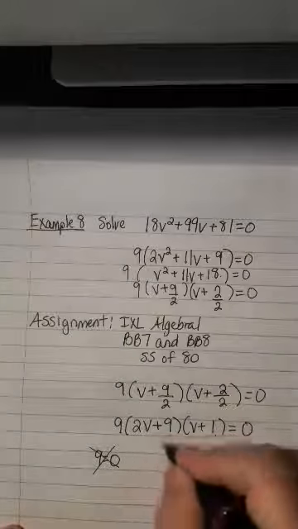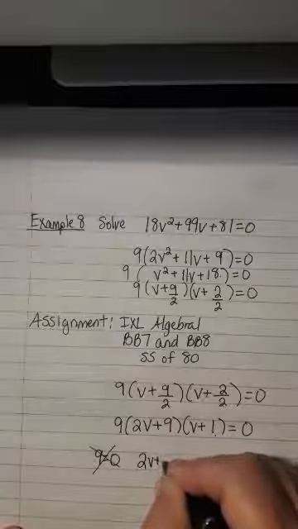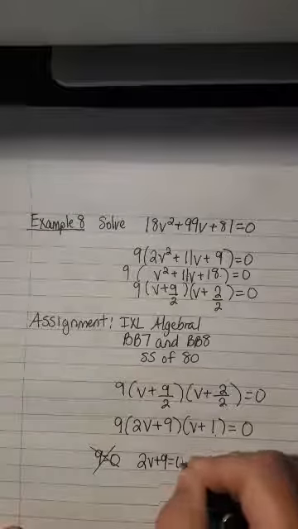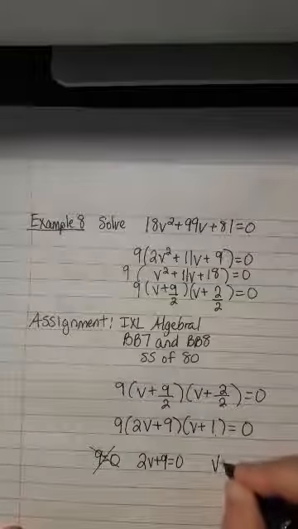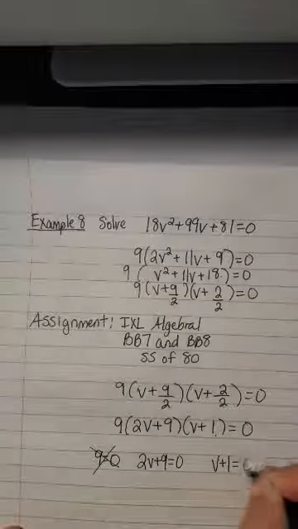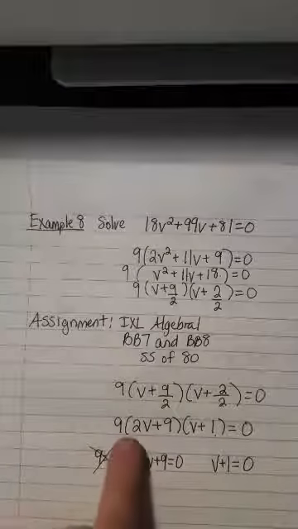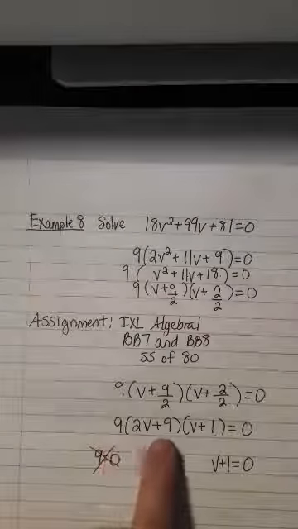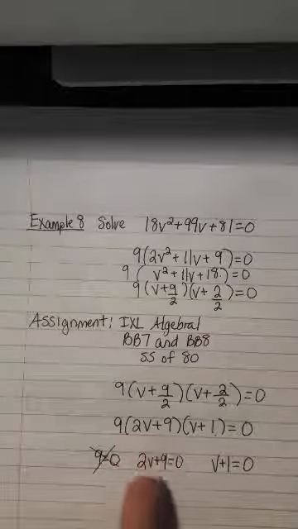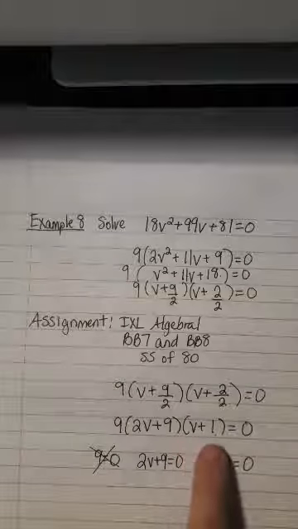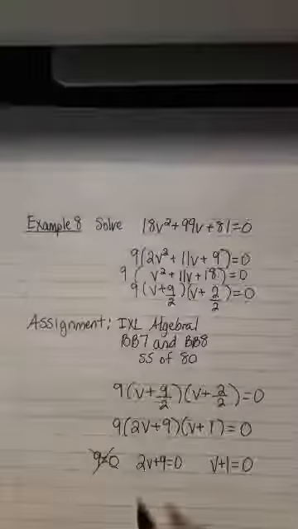But we have 2v plus 9 that we're going to set equal to 0. And you can do the shortcut method. I'm just doing the long version in case y'all forgot what we're doing. We're taking this parentheses right here, 2v plus 9, set it equal to 0, and v plus 1, set it equal to 0, and solve it.